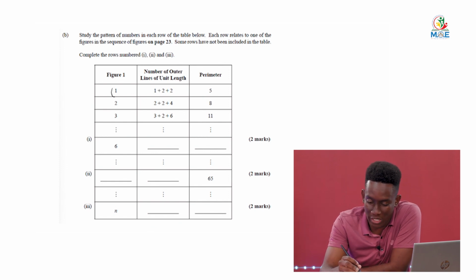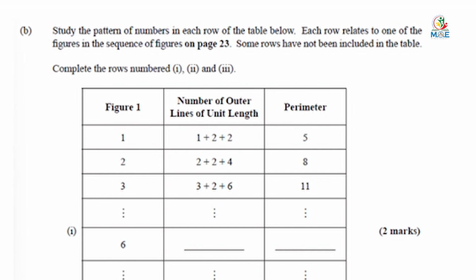For figure 1, we have 1. And for the number of outer lines of unit length, we have the same 1 plus 2 plus 2. When we add up all that, we get 5 for the perimeter. For 2, we have the same 2 plus 2 again plus 4.